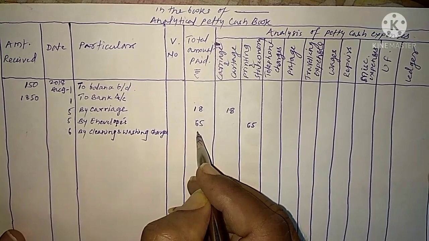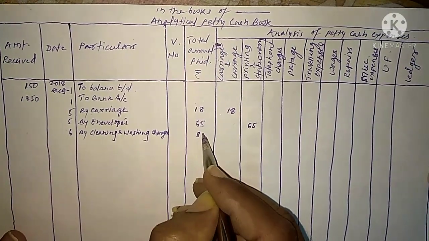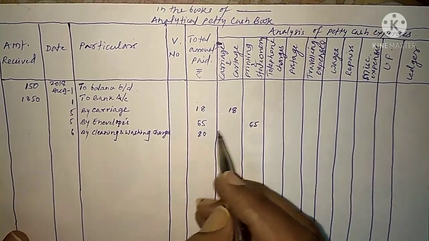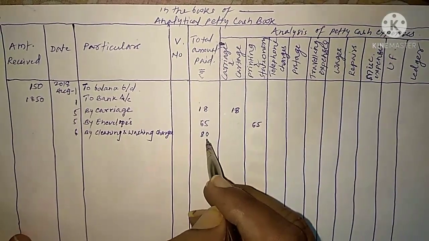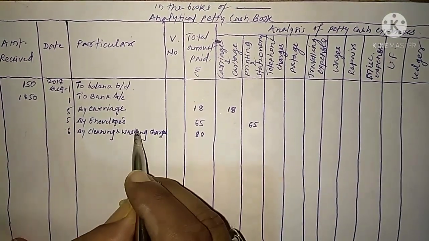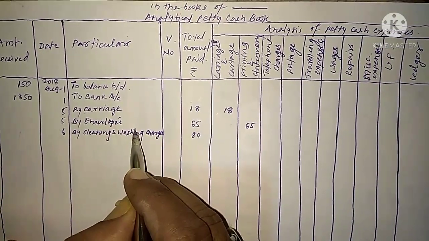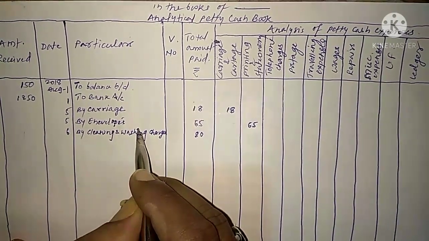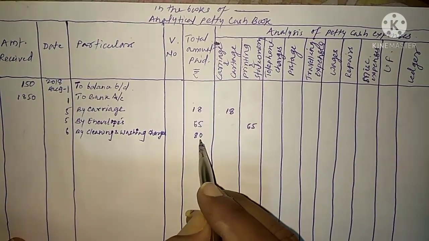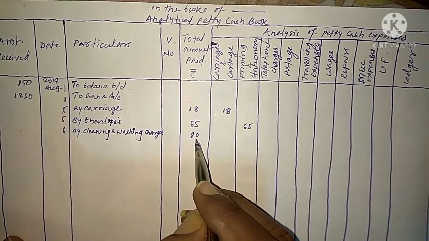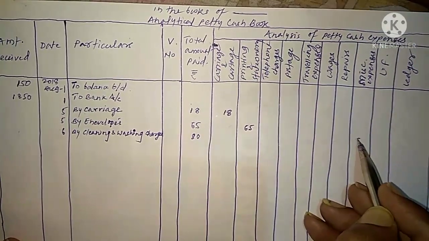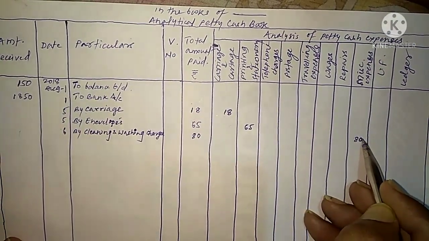So we have to write this to the total amount paid column, that is 80 rupees. And then we have to transfer this 80 to their concerned accounting head. I told you earlier, for this cleaning and washing expense we are not preparing any new accounting head. This expense we put to the miscellaneous expenses accounting head. So 80 rupees we have to transfer to the miscellaneous accounting head, that is 80 rupees.